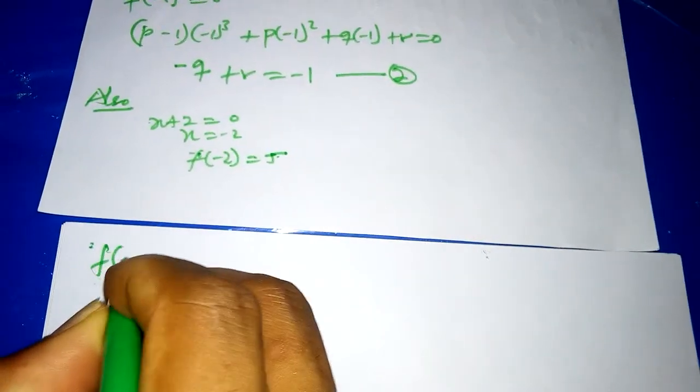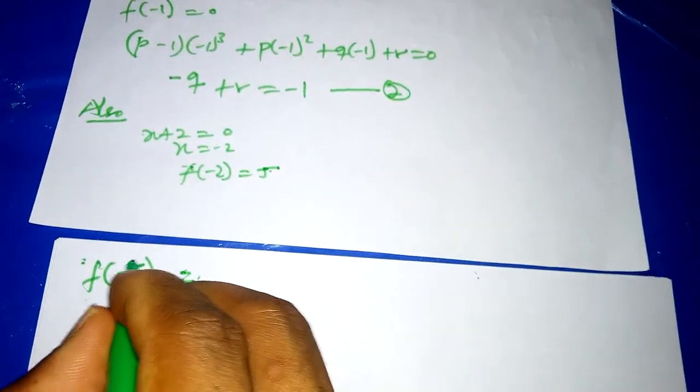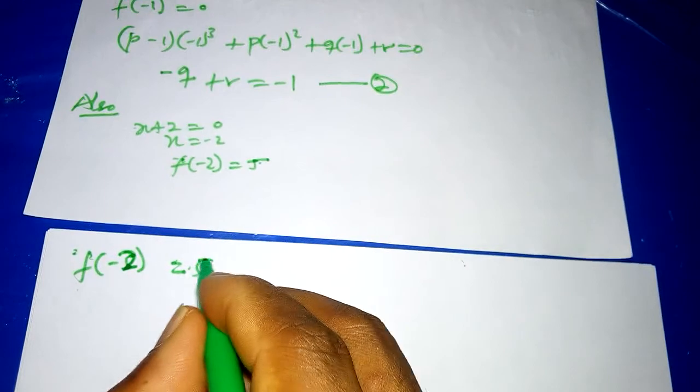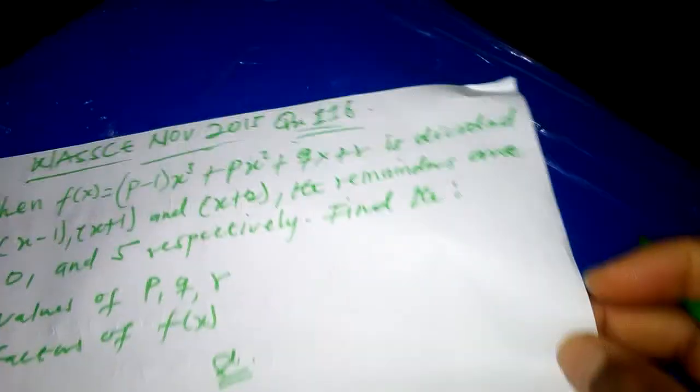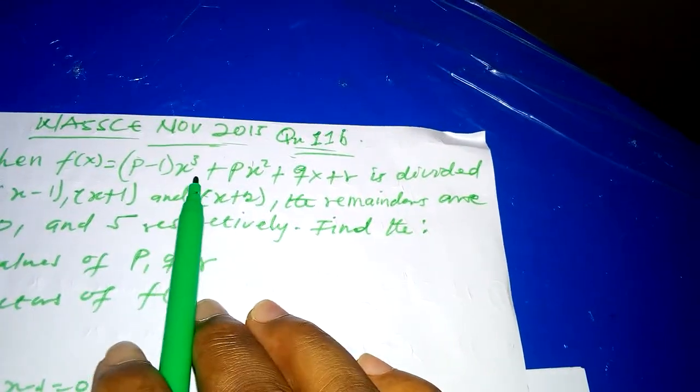So f of minus 2 is equal to 5. We take the same equation we had at the first part, and anywhere we see s, we put negative 2.